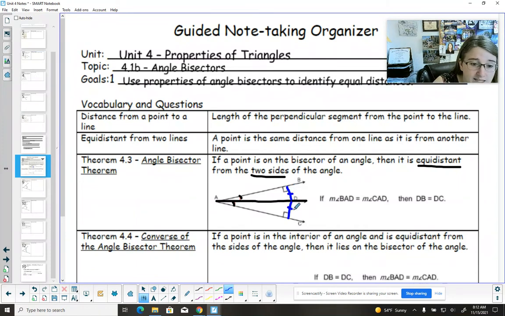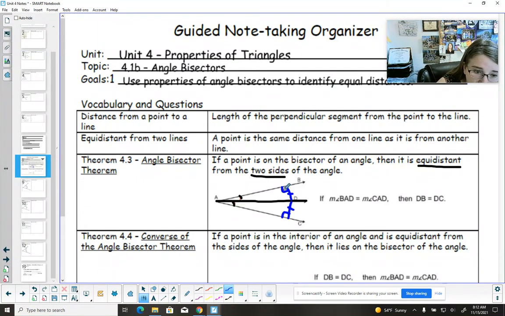Now the important thing here is that in order for it to be equal distances, we need to have these right angles here, because when we talk about the distance to something, I'm talking about walking straight on, right? I could walk all the way around, or I could walk at an angle. When we talk about the specific distance to something, it means walking straight on at a right angle.